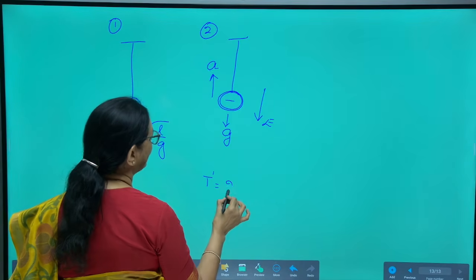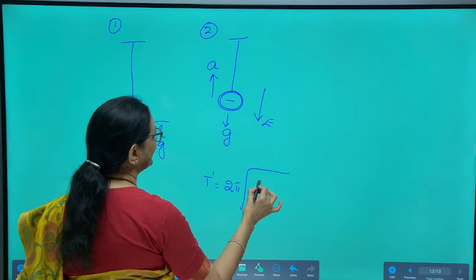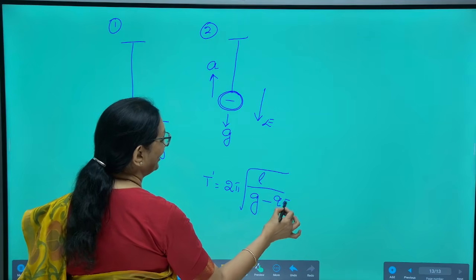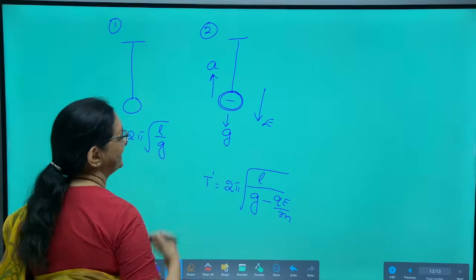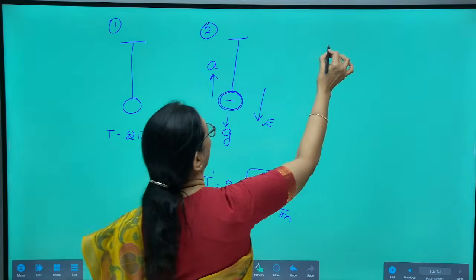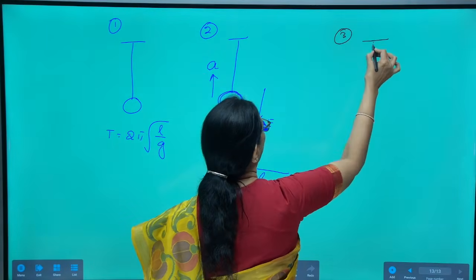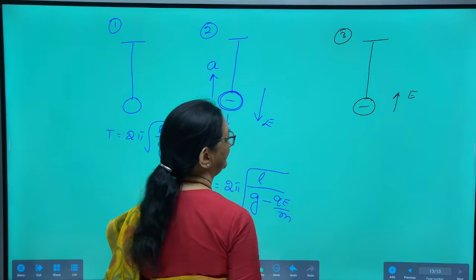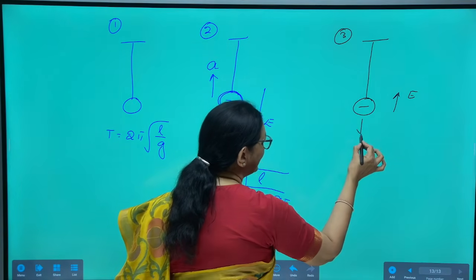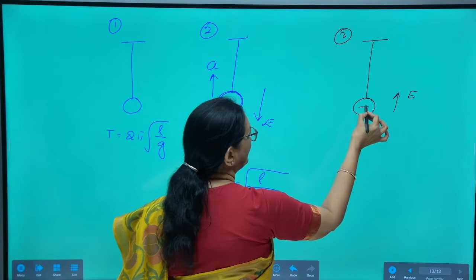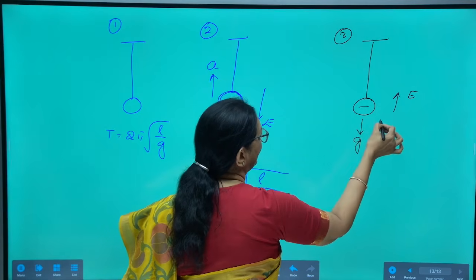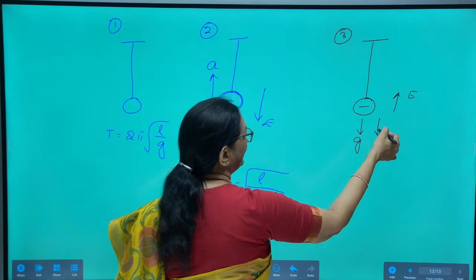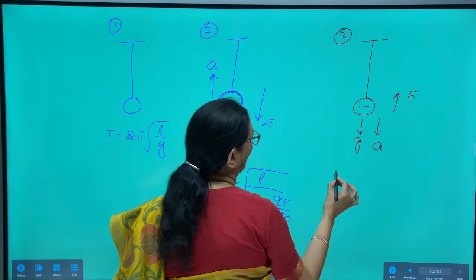So T dash is equal to 2 pi square root of L by (g minus QE by m) in this case. Now, if you go to another case where the electric field is applied in the upward direction, g is downwards, and the force on a negative charge due to the electric field is downwards, hence the acceleration due to the electric field is also downwards.